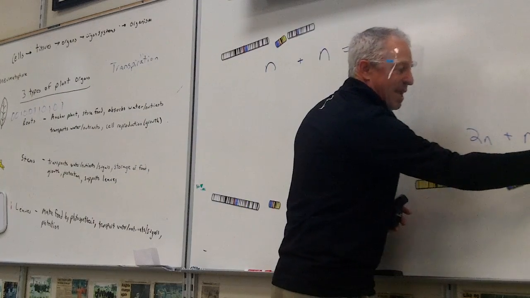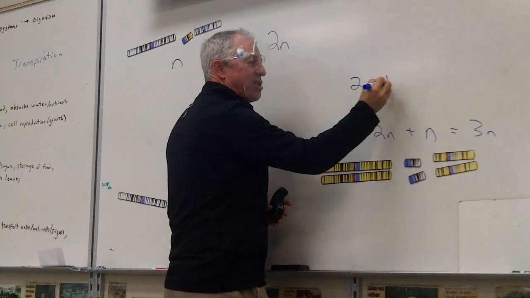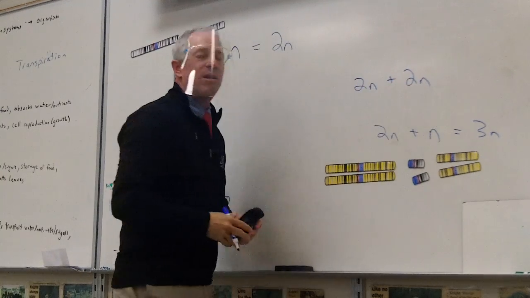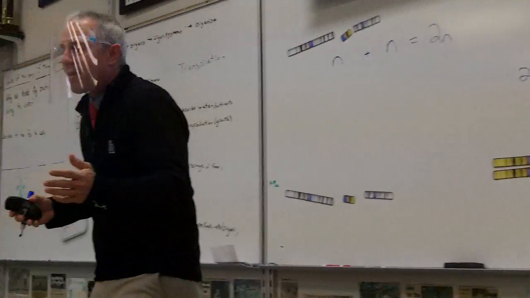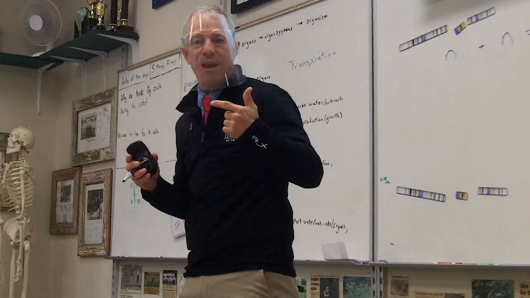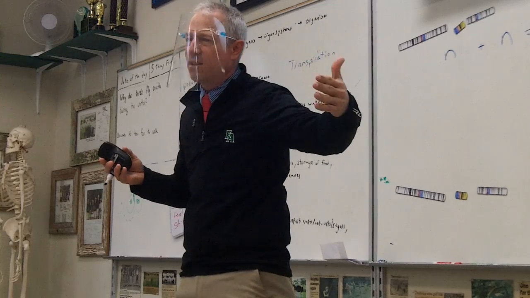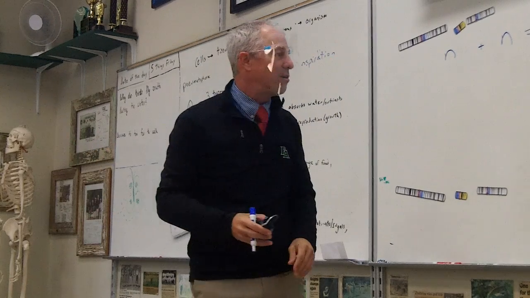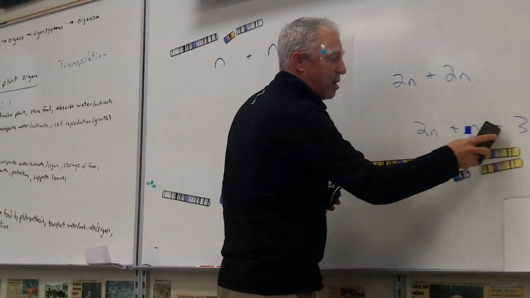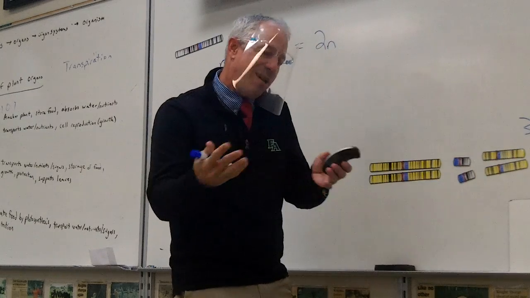If this N number, let's say we had a 2N gamete and it matched up with another 2N gamete, a 2N sperm and a 2N egg match up with one another. That can often happen because plants can self-pollinate. A lot of plants can pollinate themselves, mate with themselves, sexually reproduce with themselves. Crazy thing plants can do. And so let's say you're this 3N plant that can grow but can't reproduce well.